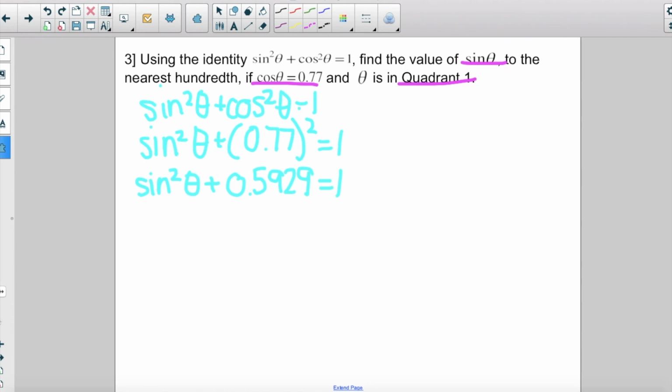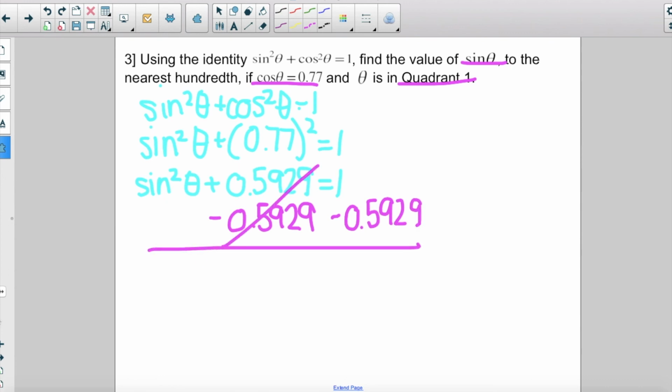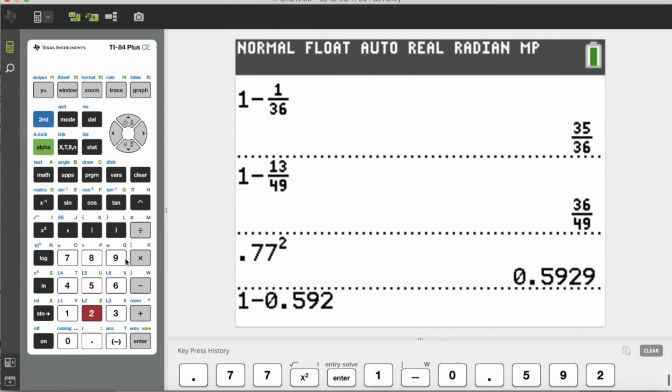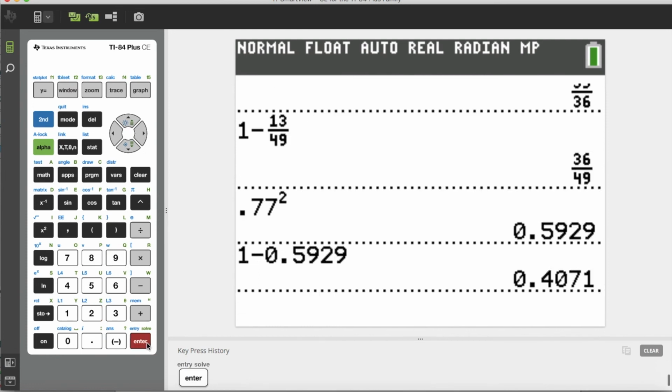We are solving for sine, so we have to subtract 0.5929 on both sides. We're left with sine squared theta is equal to, bring it to our calculator, 1 minus 0.5929, and we get 0.4071.